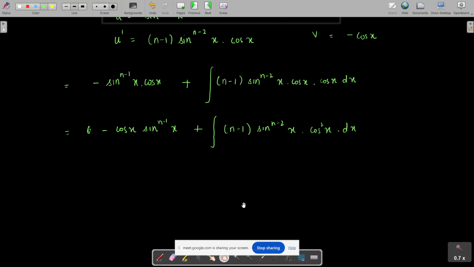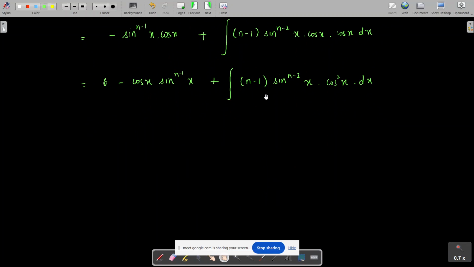Okay. Now we know, what is cosine squared x? We have 3 options, but technically speaking, cosine squared x is 1 minus sine squared x. Exactly.